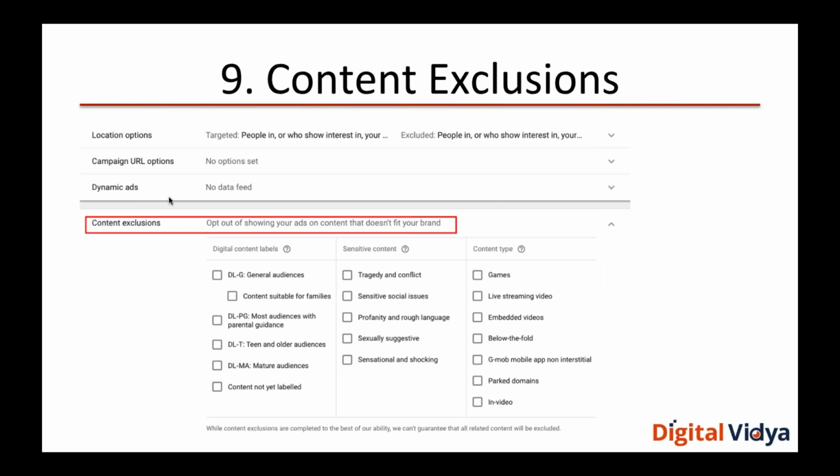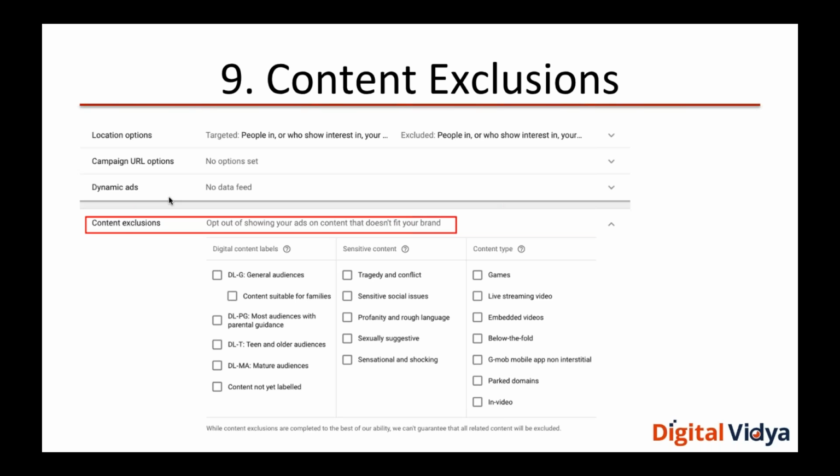Then comes content exclusion. In content exclusion, as I told you, you have options. You see this? You can check mark the sections against which you don't want your ads to appear. Tragedy and conflict, sensitive social issues, profanity and rough language, sexually suggestive, sensational and shocking. Or if you don't want your ads to show up next to games or below the fold.